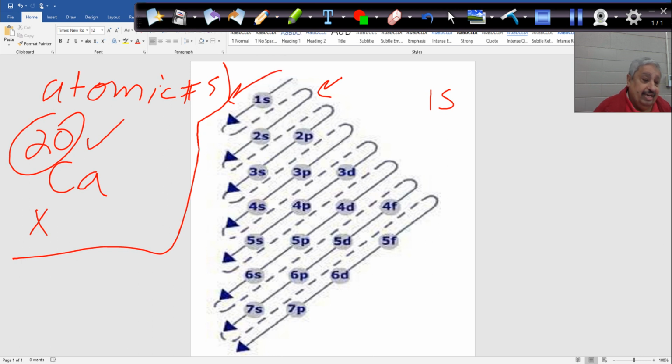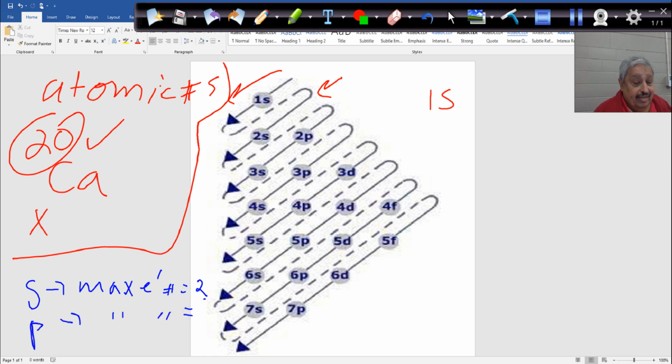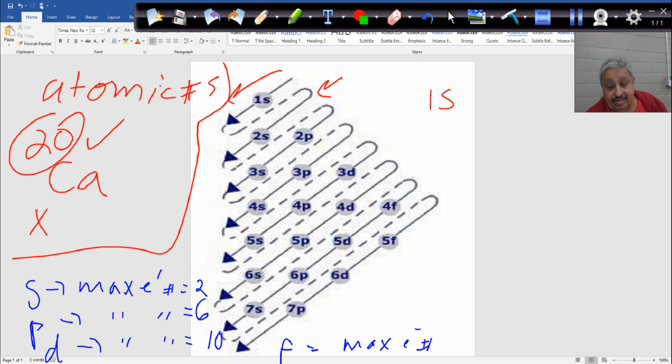For s, the maximum number of electrons is 2, correct? We'll see why it's 2. For p, the maximum is 6. For d, the maximum is 10. And for f, the maximum number of electrons is 14. So we have 14, 10, 6, and 2.